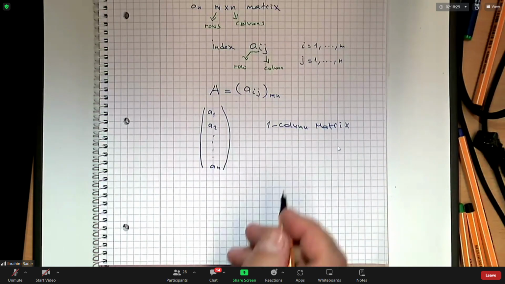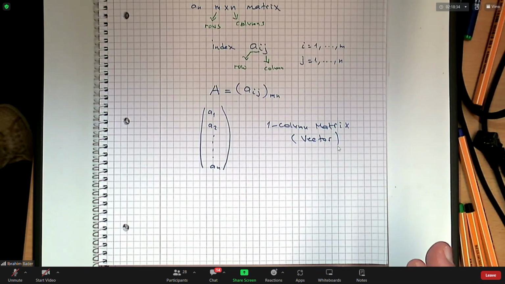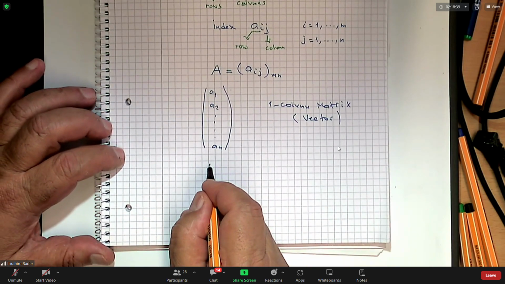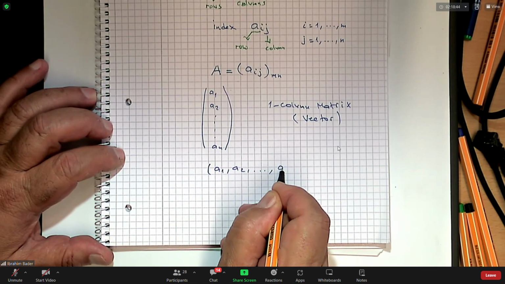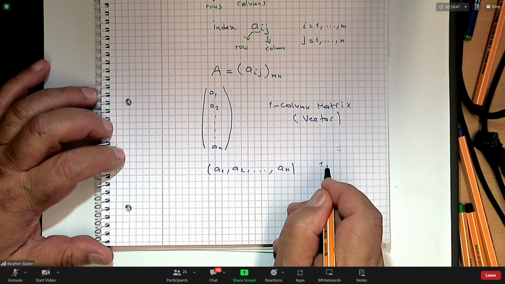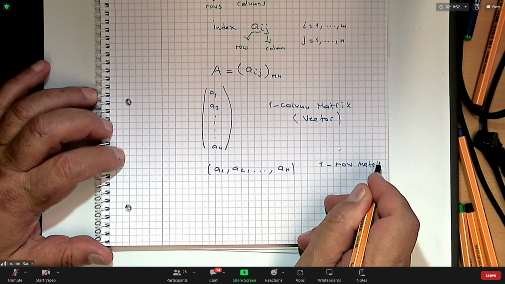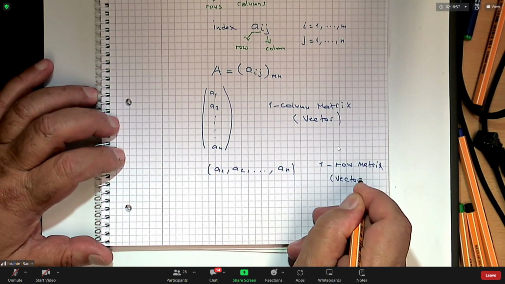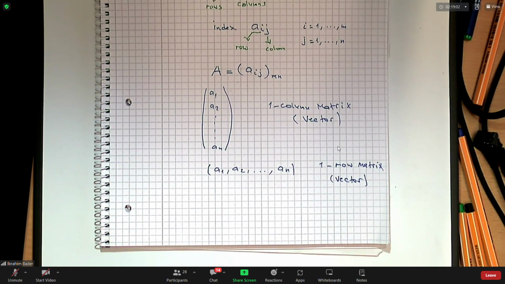You remember when we talked about vectors, I told you you can place the vector as vertical or horizontal, so it can also be a one row matrix. So as you see here, you can think about a matrix as also a collection of vectors next to each other or below each other.